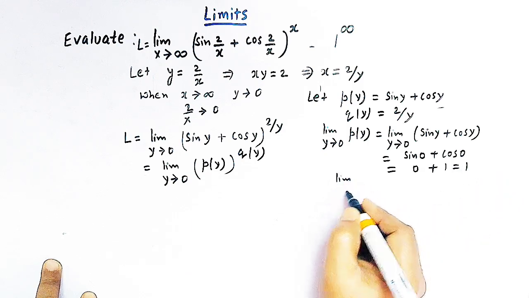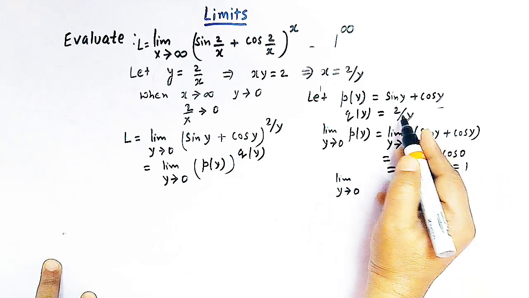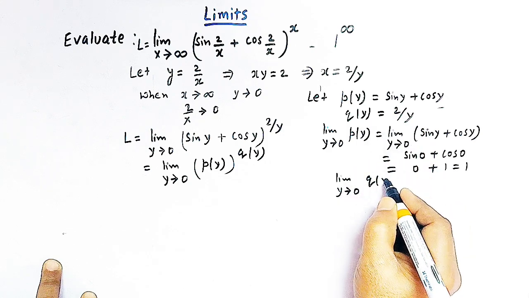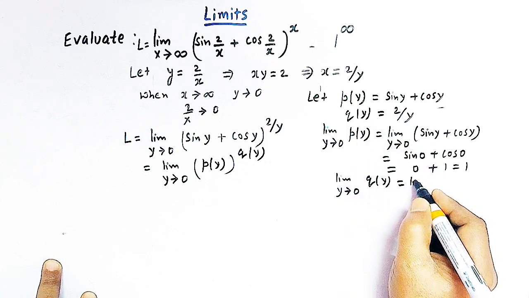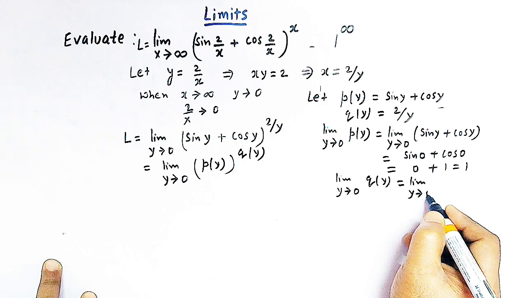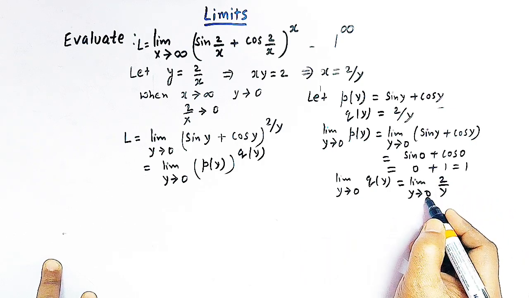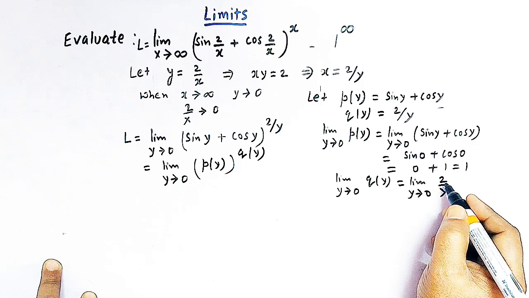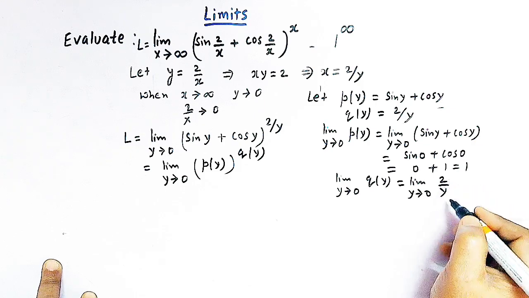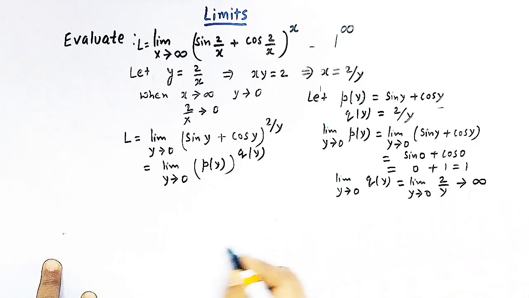And limit y tends to 0 of q(y) is limit of 2 over y. Now when y tends to 0, 2 over y tends to infinity, right?